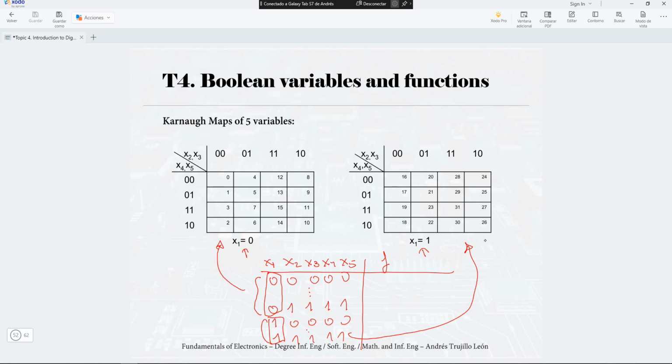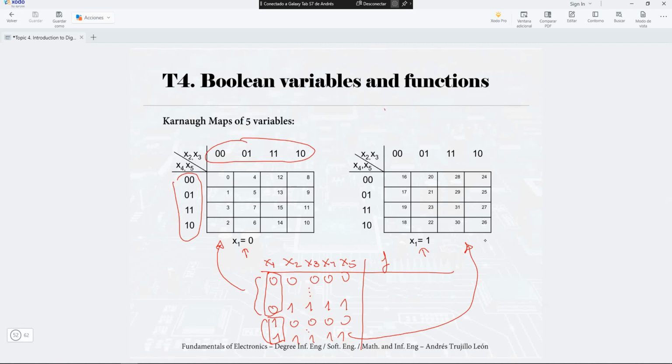It's not difficult, you just have to learn how to organize this in Gray code, but you only have to learn how to count from 0 to 3, and to make the correspondence between the cells and the values in the truth table.